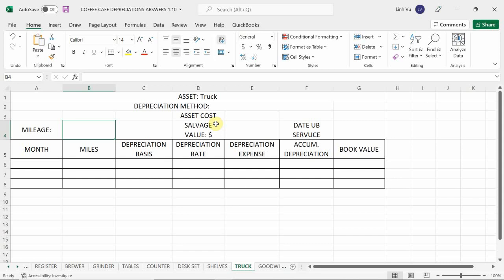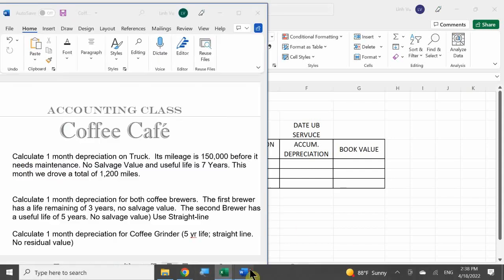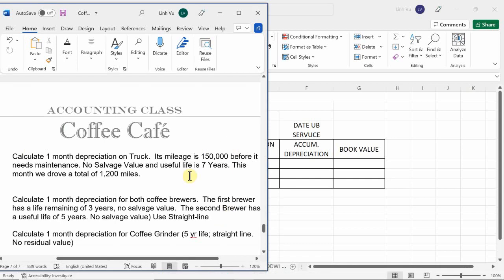Double declining? Not double declining. Straight line? Not straight line. Now, here is a hint. You're given a total of miles that this car can drive before it needs maintenance, and you're also given that this month you drove 1,200 miles.